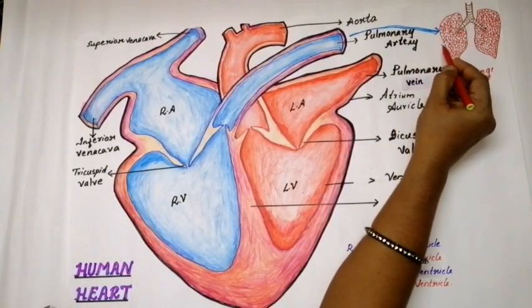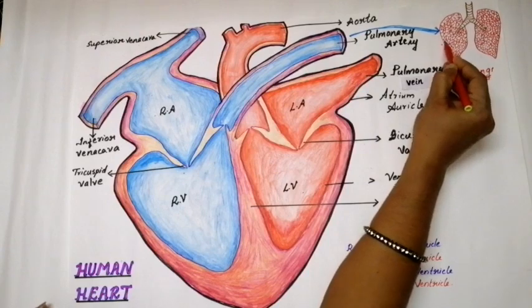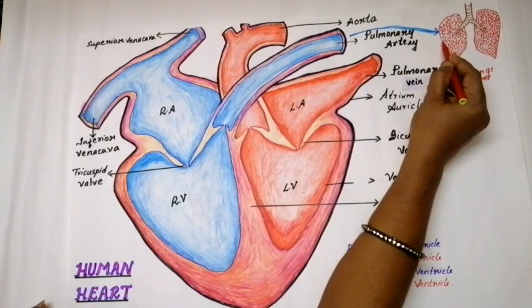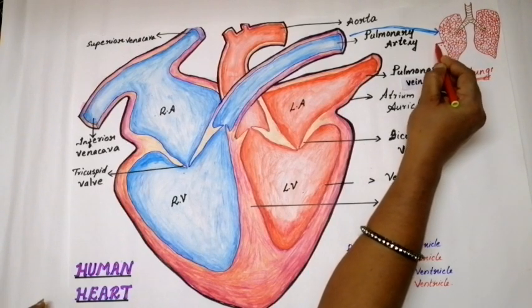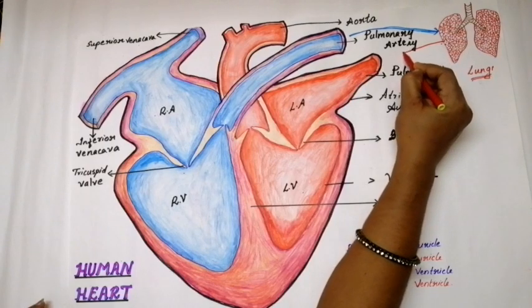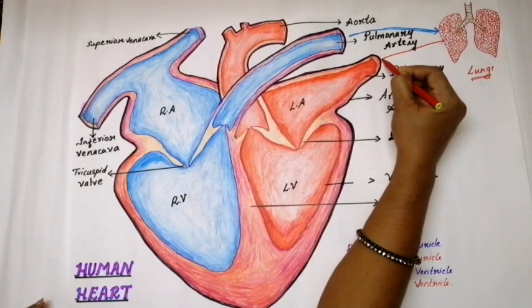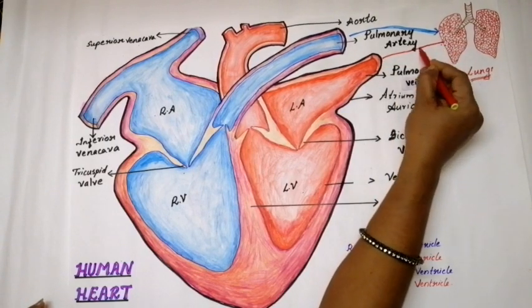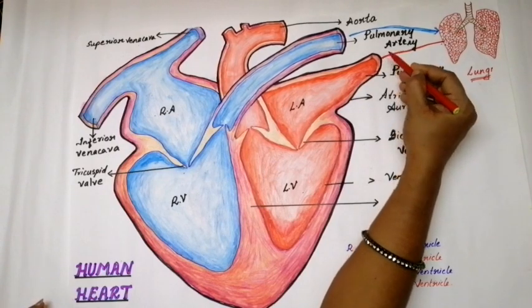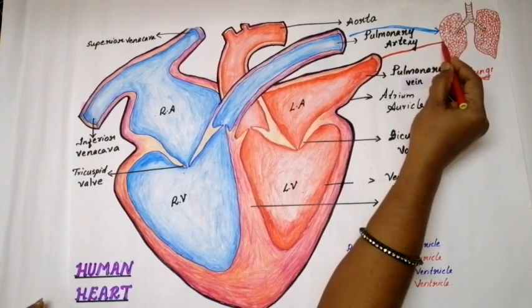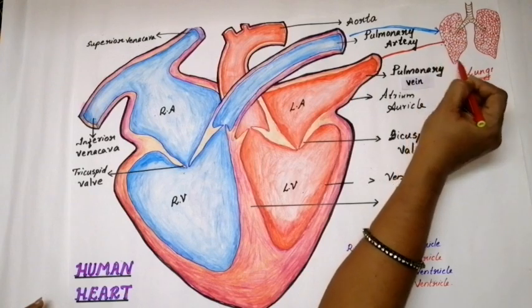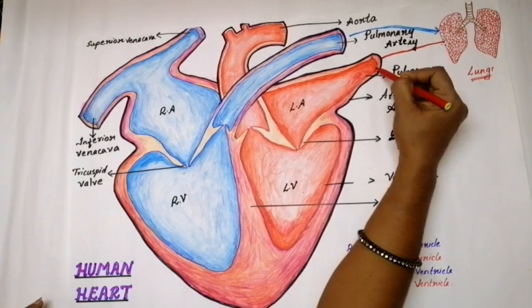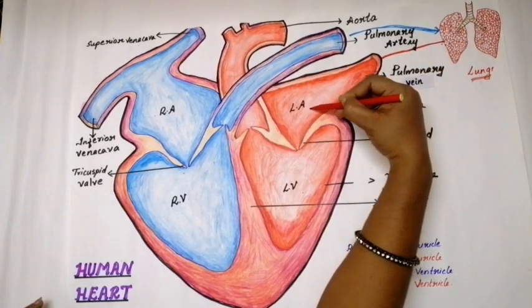And now what happens to this pure blood? This pure blood or the oxygenated blood is carried through the blood vessels called pulmonary veins, and reaches the left auricle.